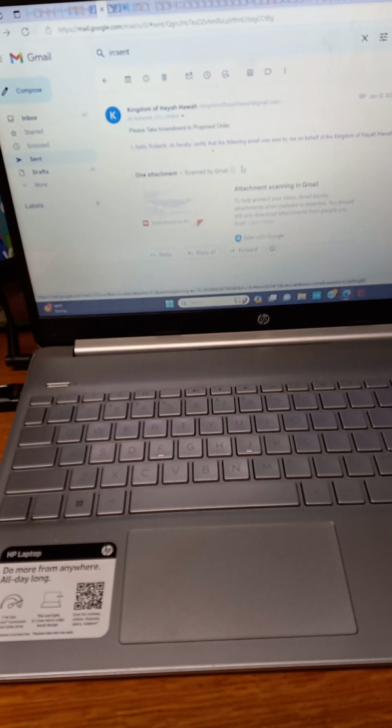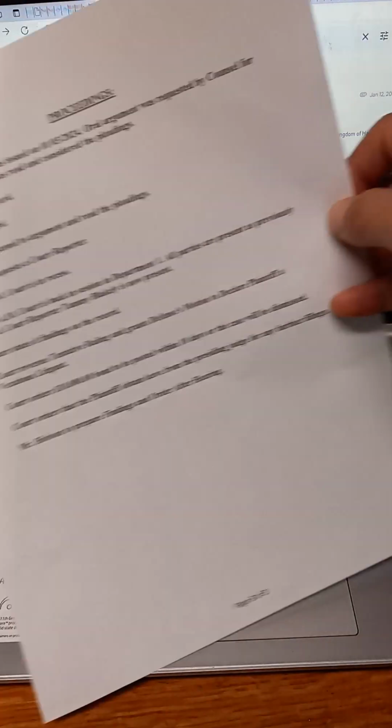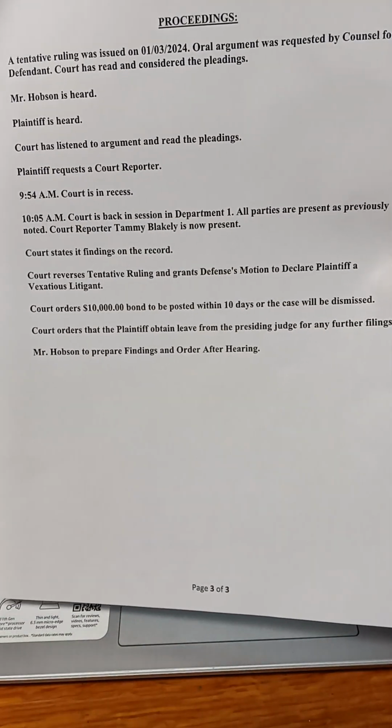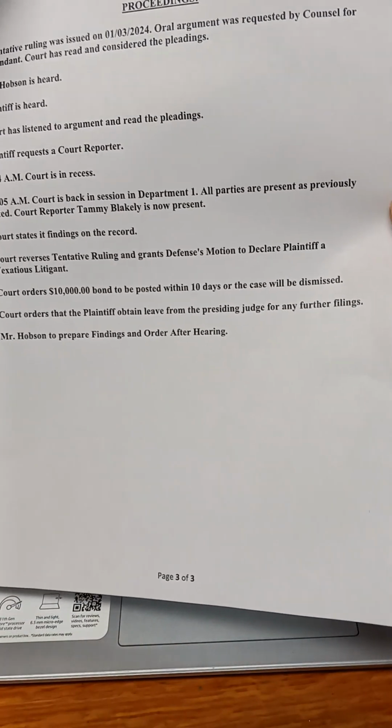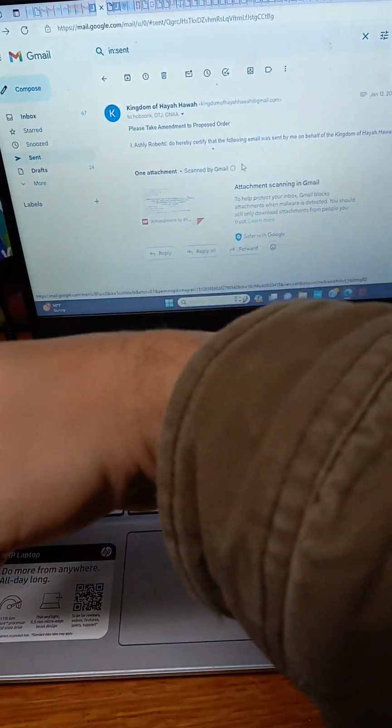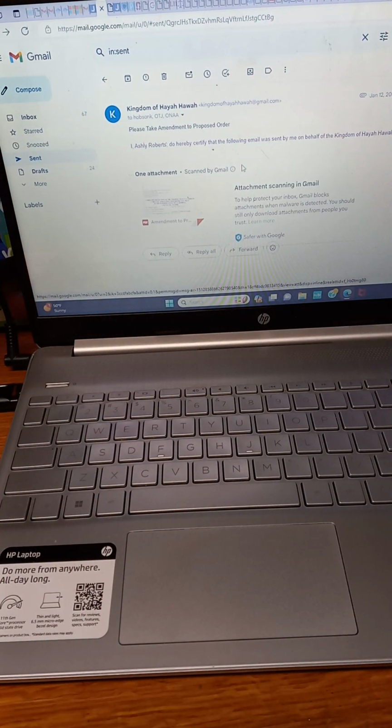They don't have any evidence. So the clerk said that it looks really janky because all of a sudden they're ruling in my favor and then they're ruling against me, and there's no substantive fact noted on the record. There's no facts noted on this record for the court not to adopt the tentative ruling.